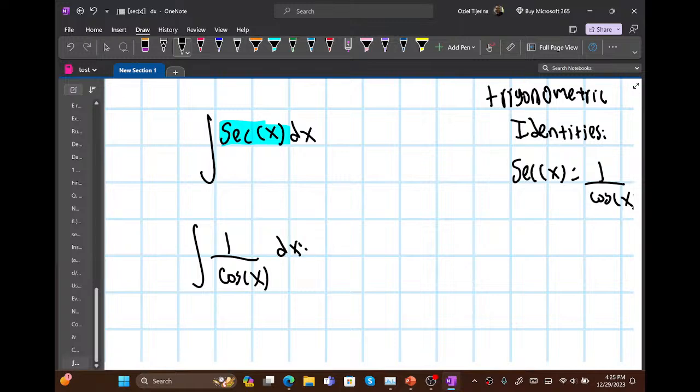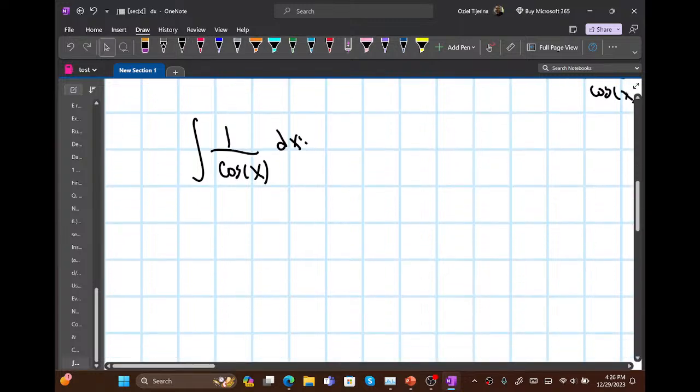Now, this is where it gets difficult. Apparently, we have to multiply the top and the bottom by cosine x. At least that's how I did it.